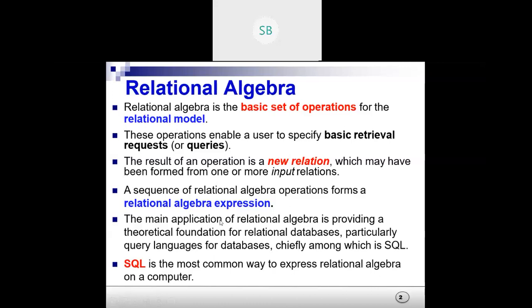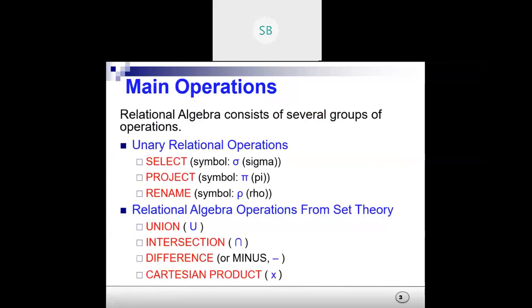You can just go through this, but I'll explain what relational algebra is and how important it is. Relational algebra consists of several groups of operations. There are basically four sets of operations we will see. First is the unary relational operations.